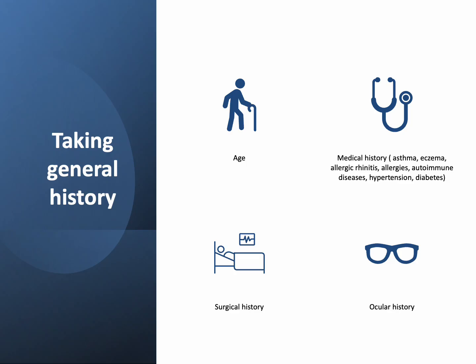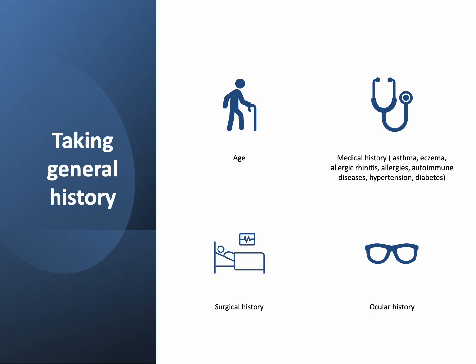So when a patient comes to you with red eye, you take a general history as we take in medicine. You should ask about the age because the differential would be affected by that, especially if we're talking about a middle-aged patient with recurrent redness, for example. We'd go more with an autoimmune disease or episcleritis.